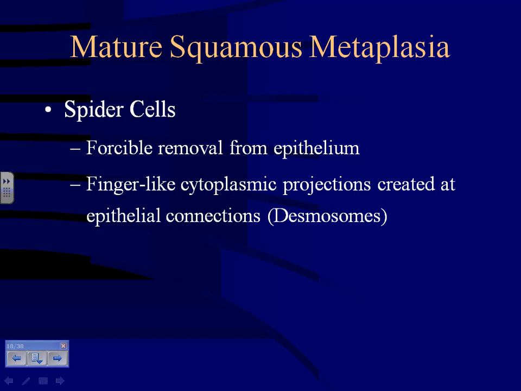It's like they're trying to reach out to their friends. So you'll often see these little projections of cytoplasm where they used to be connected to their friends, the desmosomes. You'll see these little finger-like projections, and sometimes they'll form streams or sheets that resemble spider cells, because they look like they have little spider legs coming out of them. So we call them spider cells. This is generally seen in conventional smears.